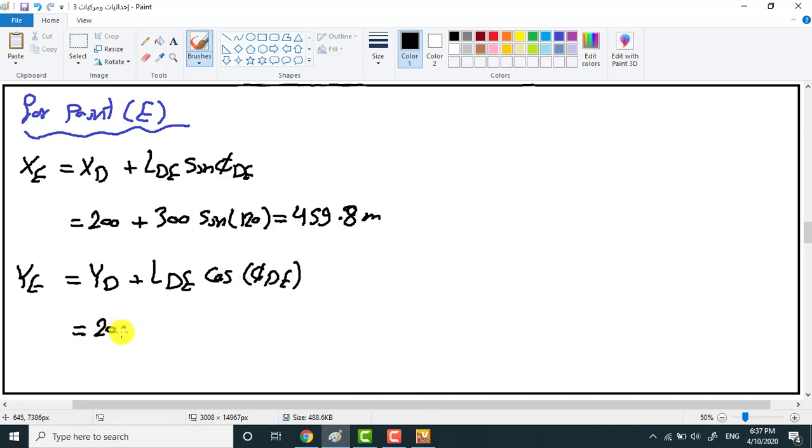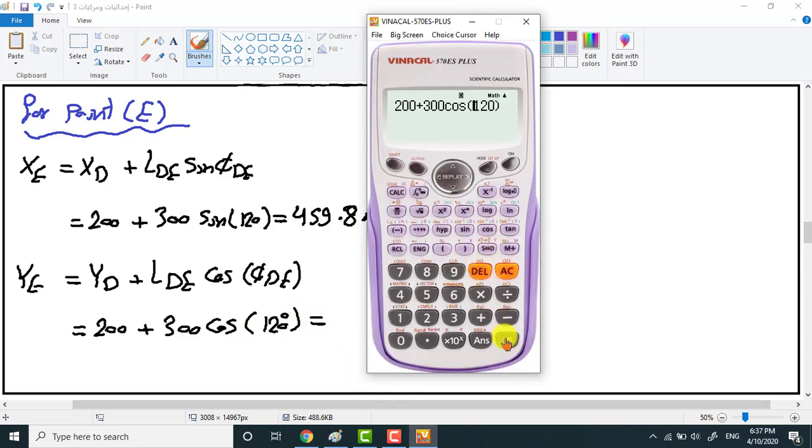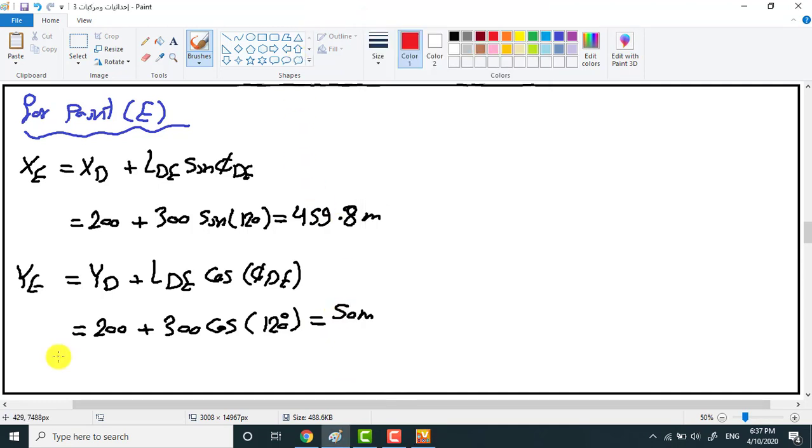YD equal 200, LDE equal 300, cosine 120 degree. This is equal 50.